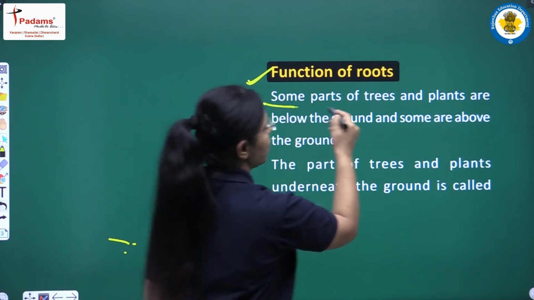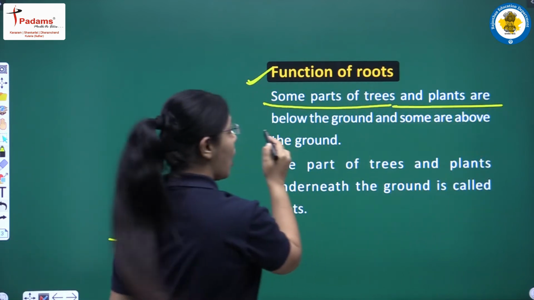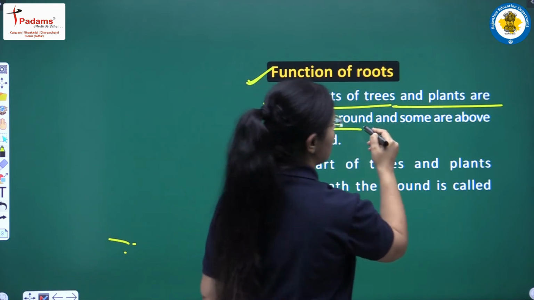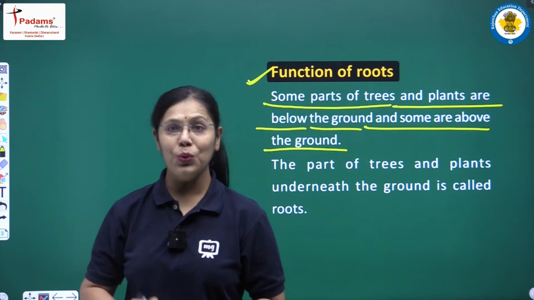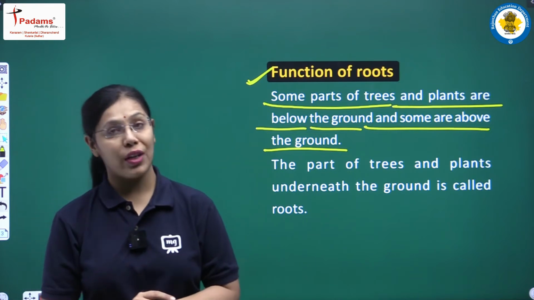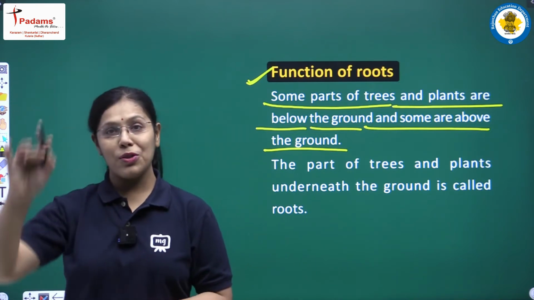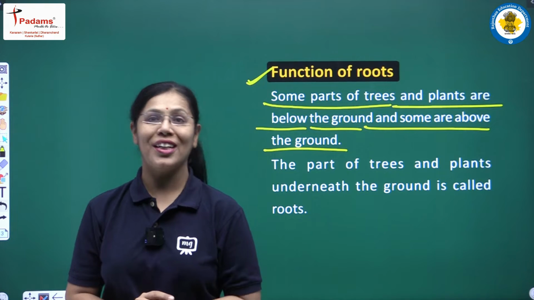Some parts of trees and plants are below the ground and some are above the ground. So dear students, when you look at a tree, you are able to see the parts which are above the ground.